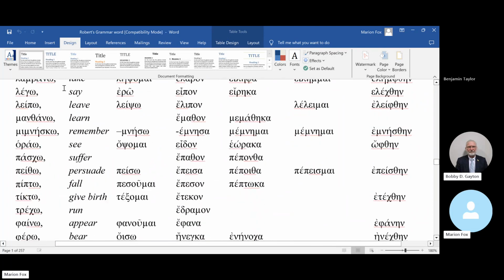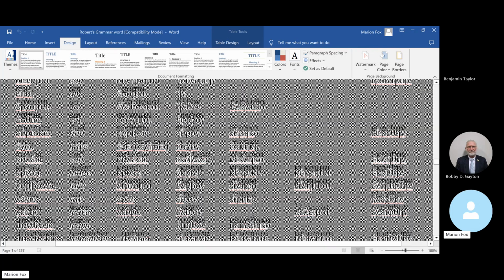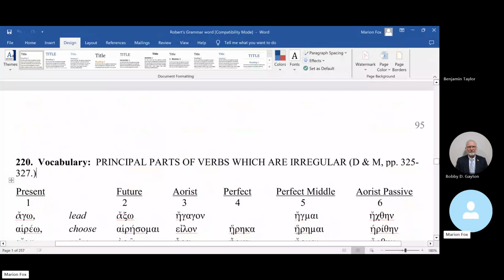Okay. Let me find it here now. It'll be aorist right there. Active voice. Aorist tense, active voice. Okay. But when they don't tell you whether it's active or passive, it defaults to active. Okay. Right.